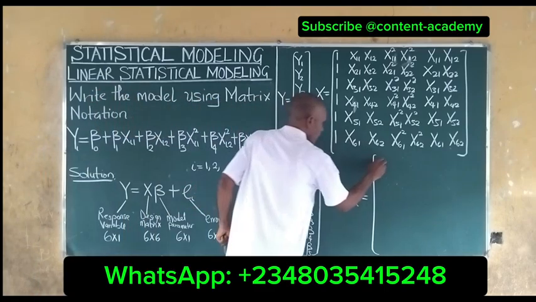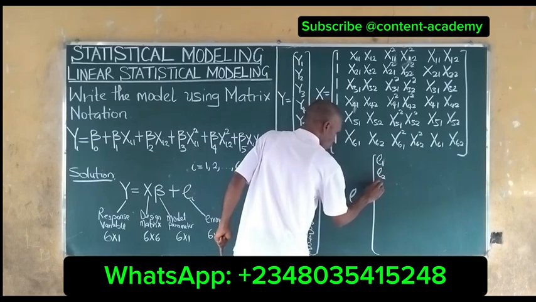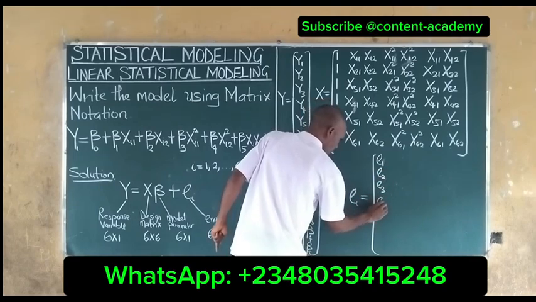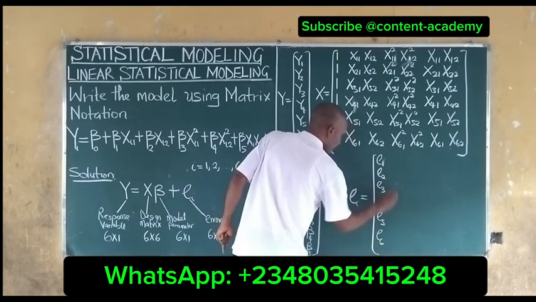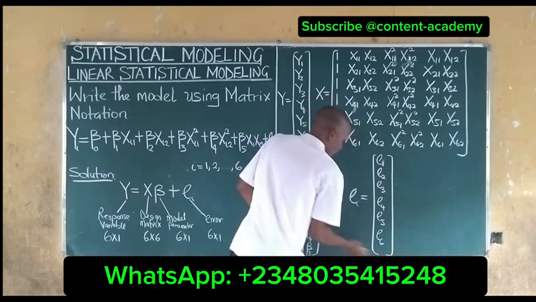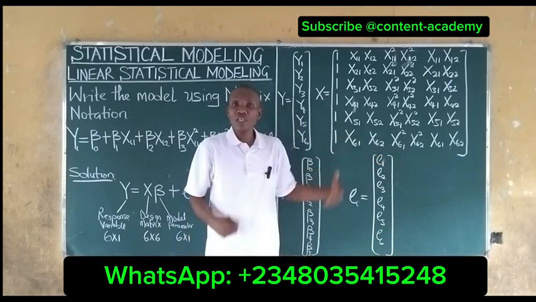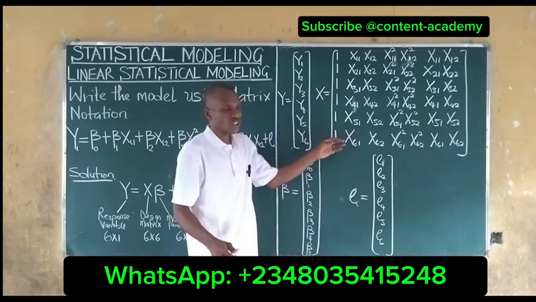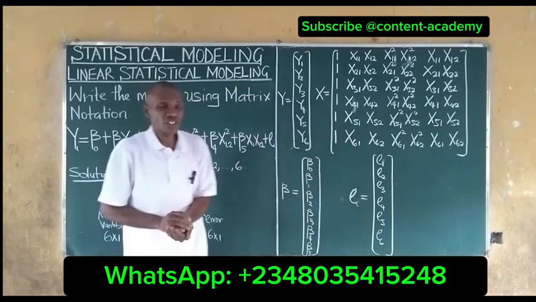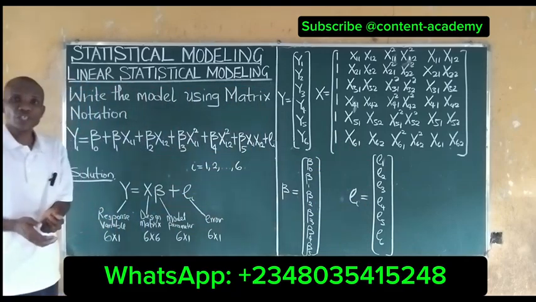So we have e1, e2, e3, e4, e5, and e6. So this is simply how you can compute the linear regression model in the matrix notation. This is how we can put the linear regression model through the matrix notation.